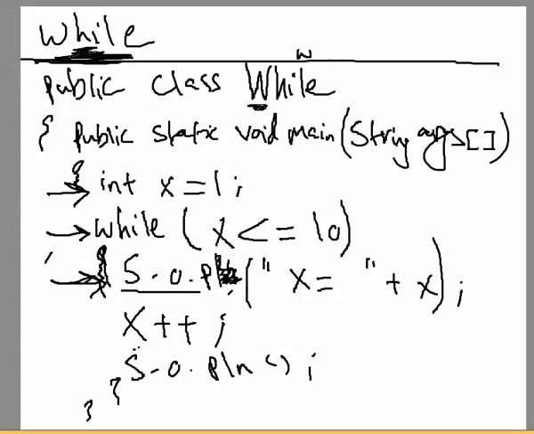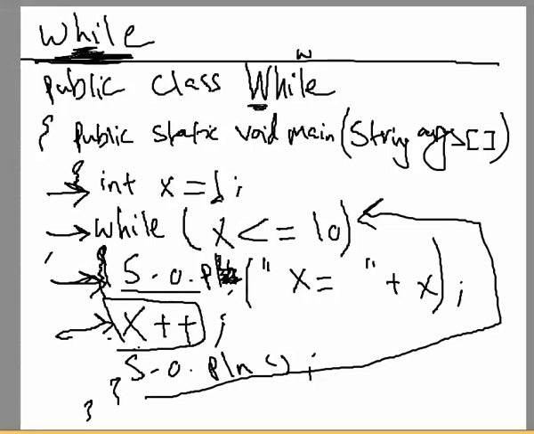Now this is very, very important when it comes to loops. Because if you don't have an increment or decrement, your program will run forever, right? If I don't have this line, the program will print 1 for me. Then when the program finishes, it goes back to the condition to check it.